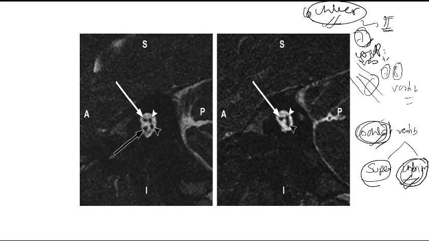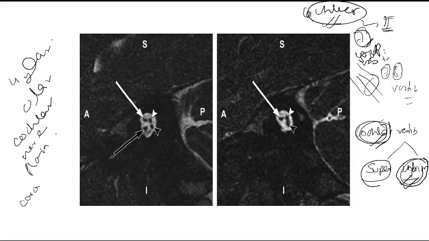So this sequence is of a 4-year-old girl with cochlear nerve aplasia. This is a coronal oblique SSFP MR imaging sequence. Here we are dividing the picture into anterior, posterior, superior and inferior segments.